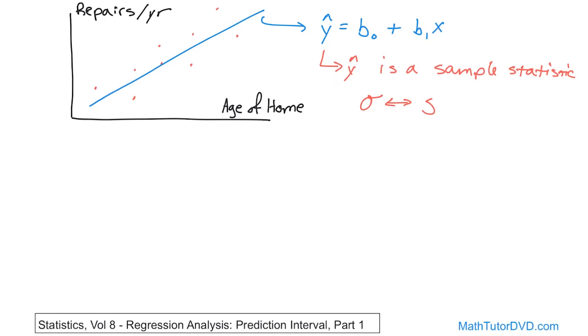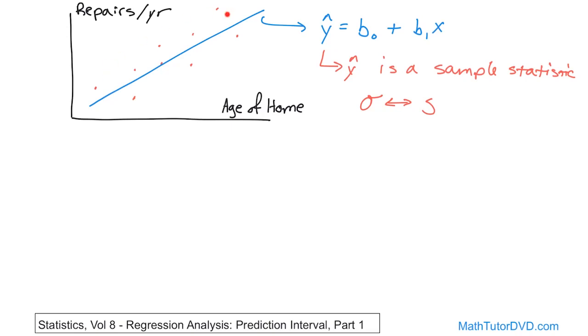It's the same exact thing here. This regression line goes through the data, but it's a sample statistic because this entire regression equation, this b0 and b1, was calculated just from these handful of data points. So when we label it y hat, we're just reminding you that this regression line comes from the sample data.